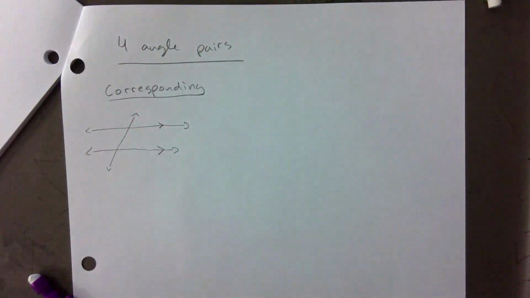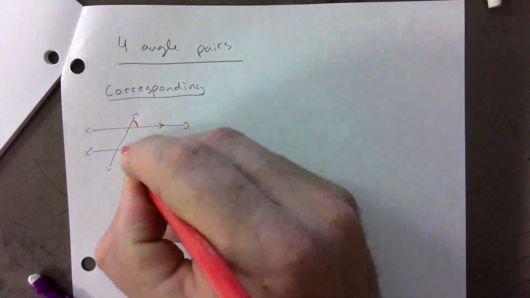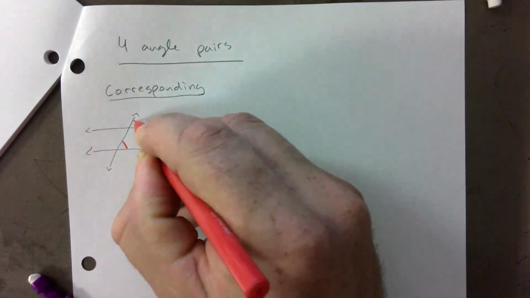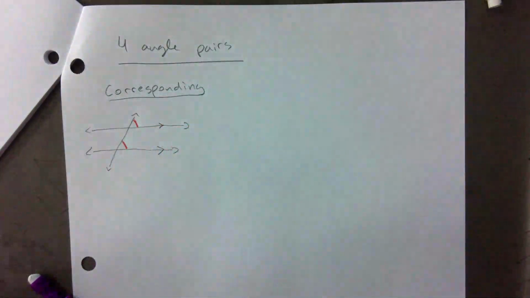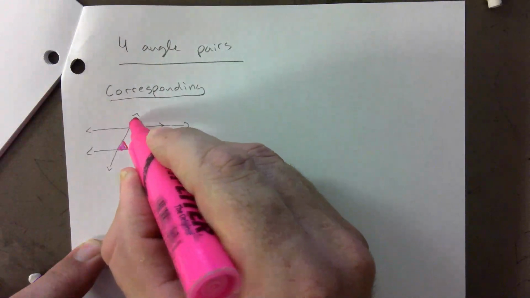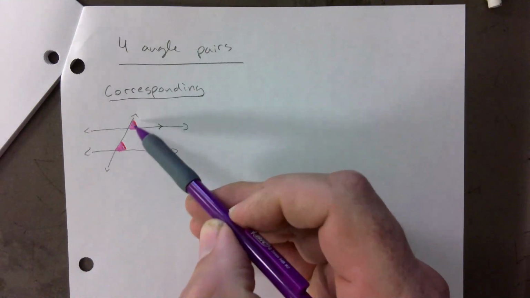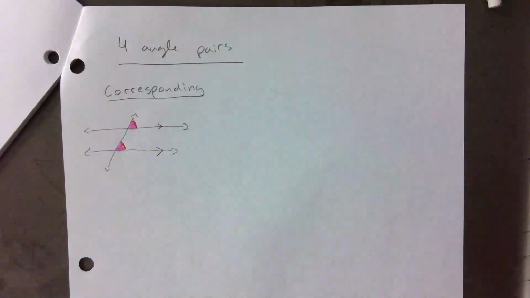And I'm going to use a highlighter. Or if you have just a marker or a pen, it'd probably be easier to just say this one and this one are corresponding, if you don't have a highlighter. If all you have is a pencil, then maybe call this 1 and 2 and just say 1 and 2 are corresponding.